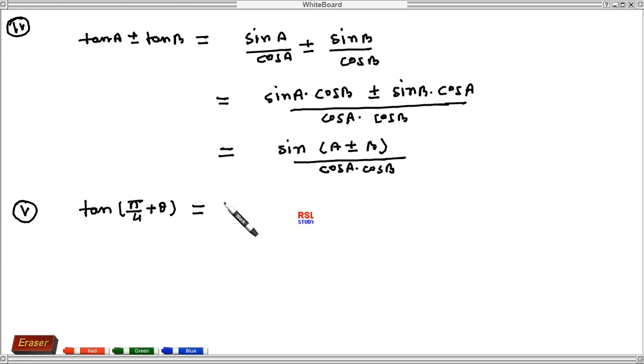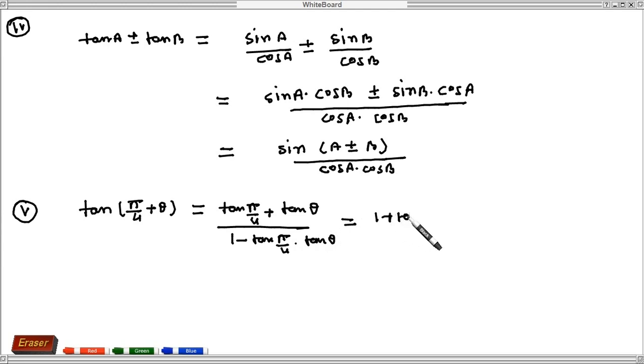So tan pi by 4 plus tan theta over 1 minus tan pi by 4 into tan theta, which gives 1 plus tan theta over 1 minus tan theta. Very important relation. Similarly, for minus, here it will be minus, and here it will be plus.